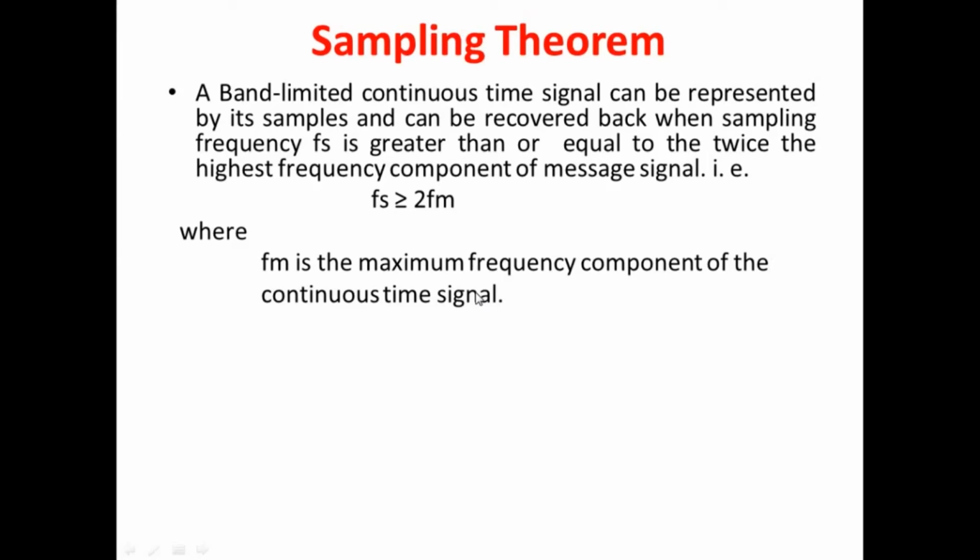Here the key words are band limited and sampling frequency. Band limited means we can make use of the sampling theorem only for such band limited types of signal, that is band pass signals or low pass signals. So for low pass and band pass signals only, we can make use of this sampling theorem.